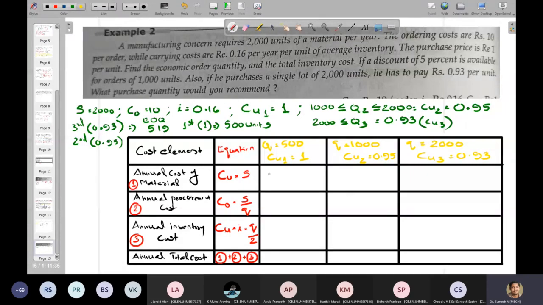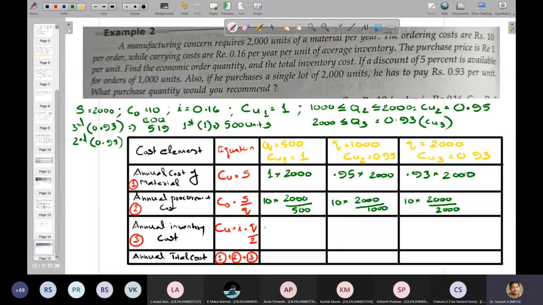So CU into S: 1 into 2000, 0.95 into 2000, 0.93 into 2000. C naught is 10, so 10 into 2000 by 500, 10 into 2000 by 1000, 10 into 2000 by 2000.